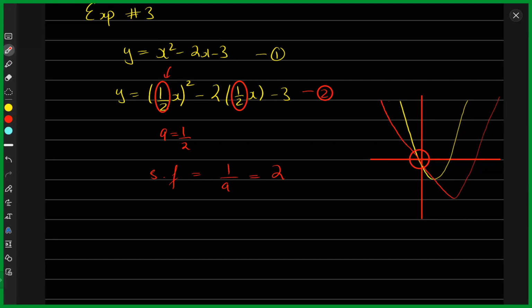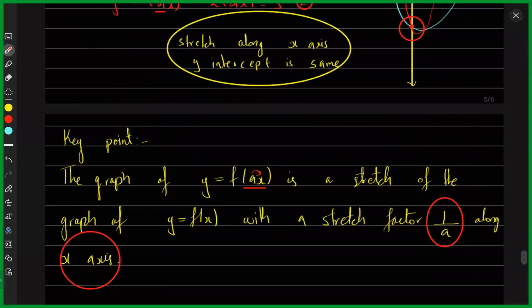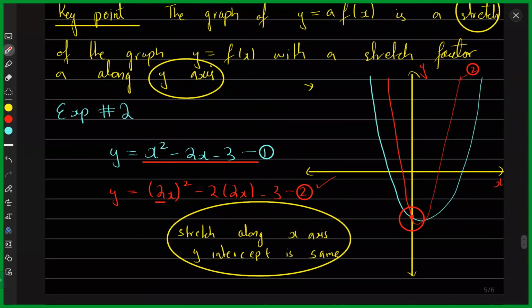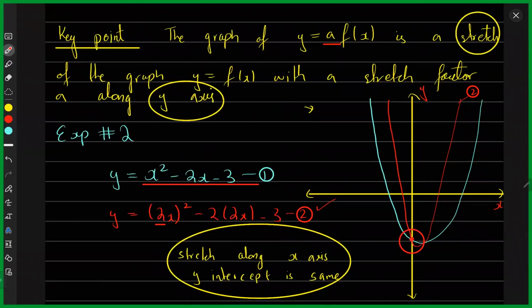And another thing is clear that when we are multiplying 1 by 2 or 1 by 3, the graph is actually stretching by stretch factor 2 or 3. Okay, so things are opposite for stretch when it's about x. However, when we were talking about a stretch along the y-axis, when a was being multiplied, the stretch factor was a.